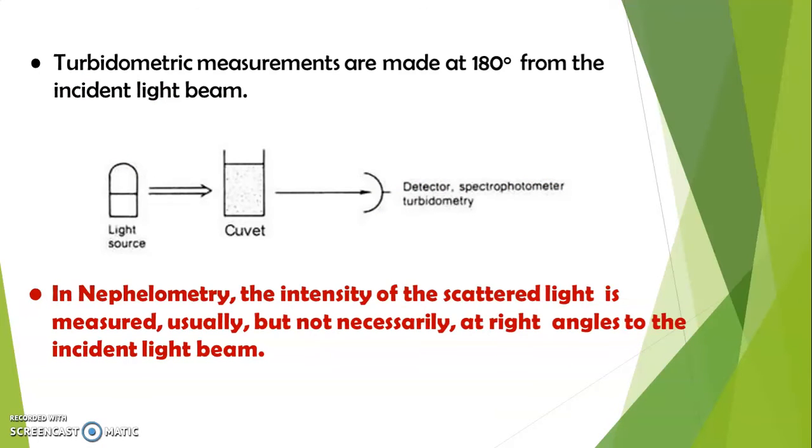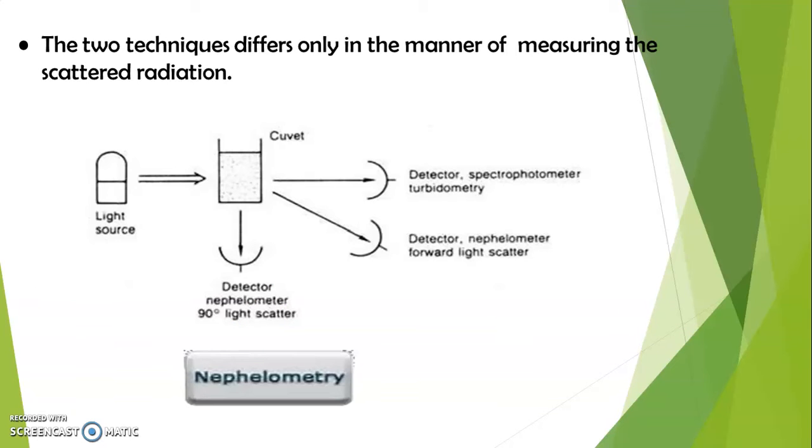In nephelometer, the intensity of scattered light is measured, usually but not necessarily at right angles to the incident light beam. The two techniques differ only in the manner of measuring scattered radiations. If we look here, we are measuring the scattered light at 90 degree by nephelometry, while in turbidimetry or spectrophotometer we will measure it at 180 degree.